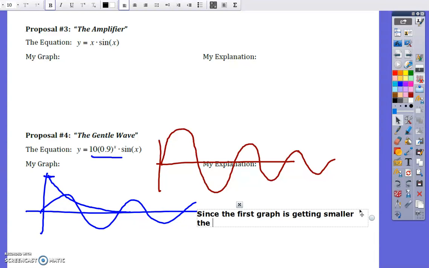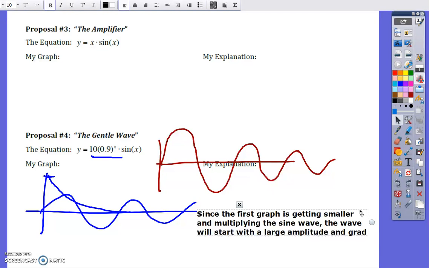The wave, the amplitude, and getting smaller and multiplying the sine wave, the wave will start with a large amplitude and gradually get smaller. And so that's my explanation.